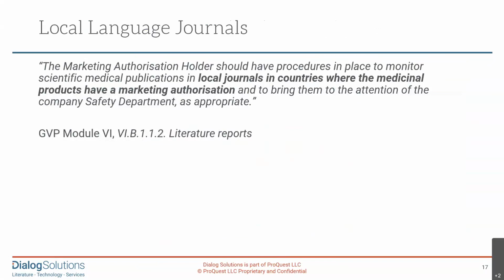And so the EMA GVP very specifically says that MAHs should have procedures in place to monitor local journals in countries where you have a marketing authorization. So local language journals are also an important source of articles for medical literature monitoring.